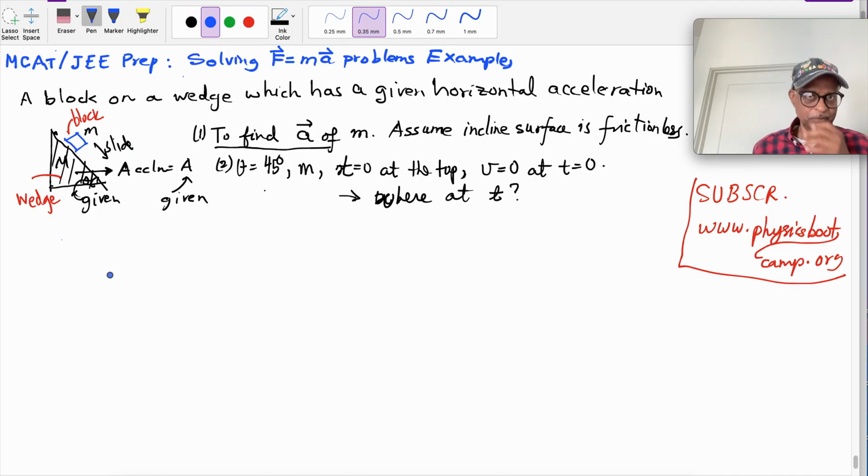So it is a constraint problem. Let me say I'm going to use an inertial frame.